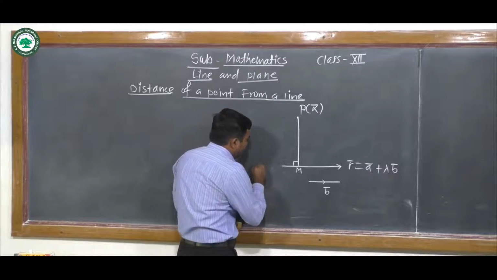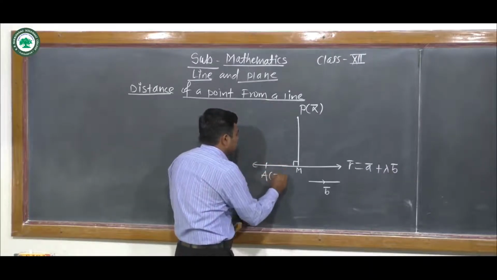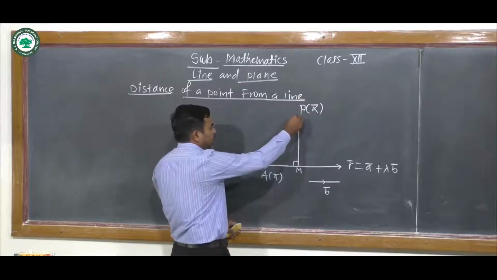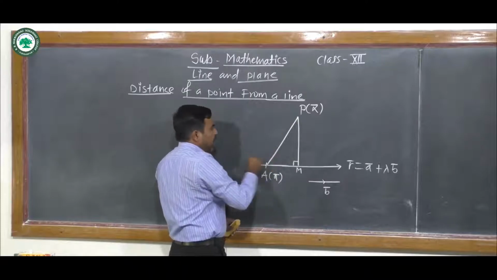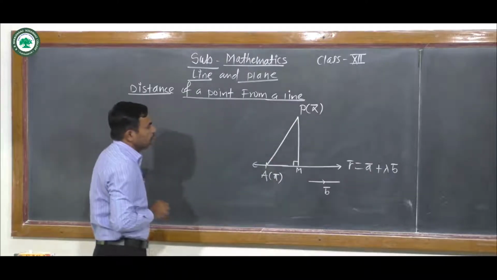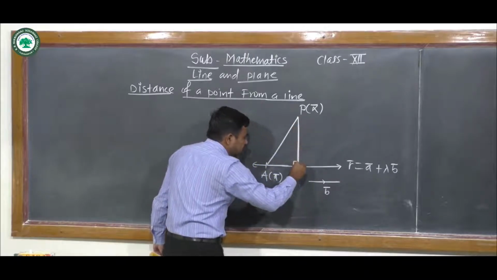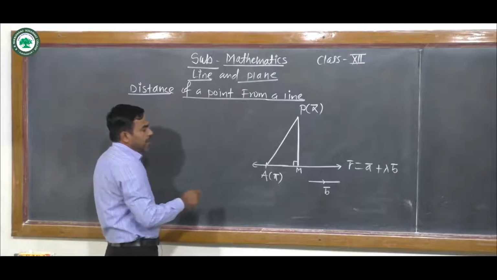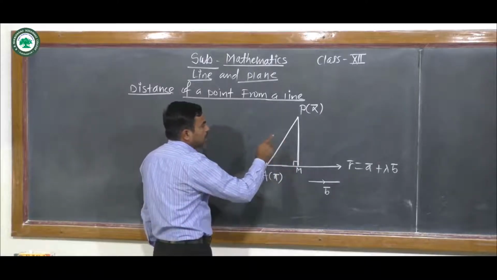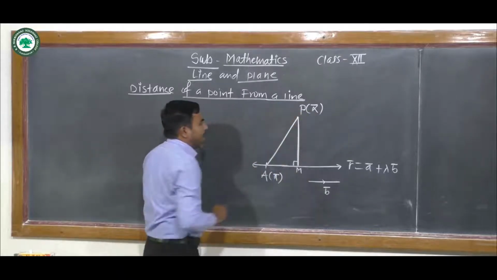If you join PA, so here this PM is the perpendicular distance or the shortest distance between the line R bar is equal to A bar plus lambda into B bar and the point P with position vector alpha bar.